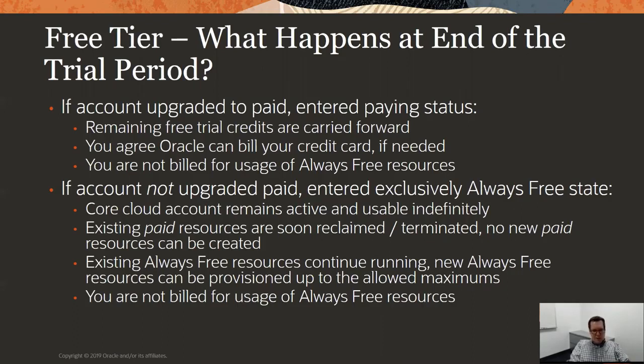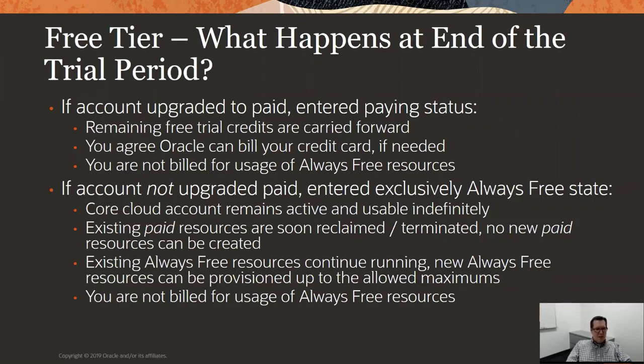Existing always free resources, as you might expect, continue running. If you provision some always free stuff during the trial, they continue running after the trial. And you can continue creating new always free resources up to the allowed maximums during this exclusively always free state for as long as you want to use them. And of course, as long as you stick with always free resources, which you are required to do in this state, you're not billed for usage, you're not paying anything.